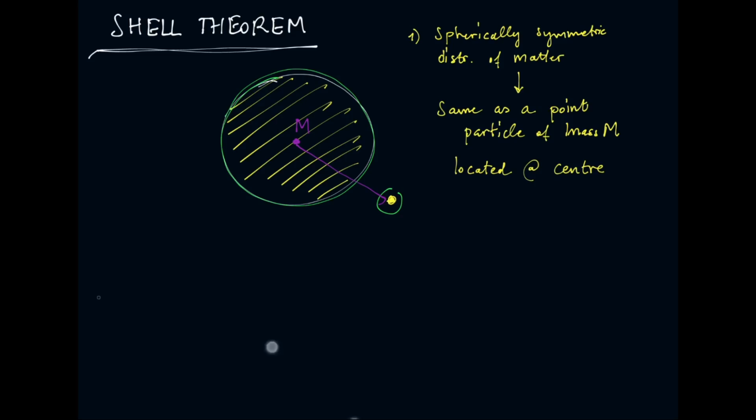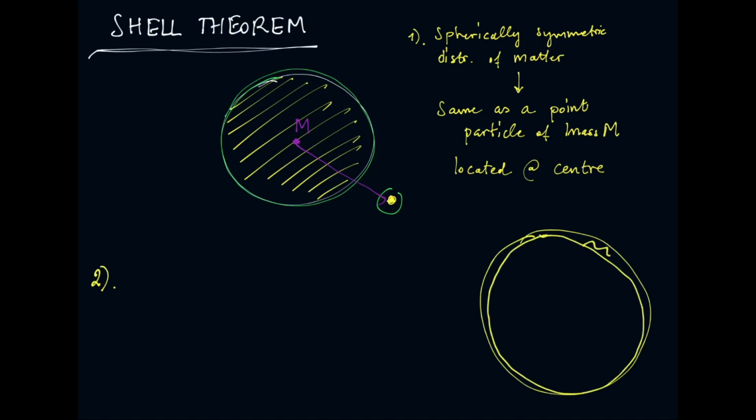Okay, this is result number 1. And result number 2, maybe slightly less intuitive, is that a spherical shell of matter, and it actually doesn't matter if it's a thin shell or not, but for Newton it's easiest to demonstrate for a thin shell, and then you can extend it to a finite shell.